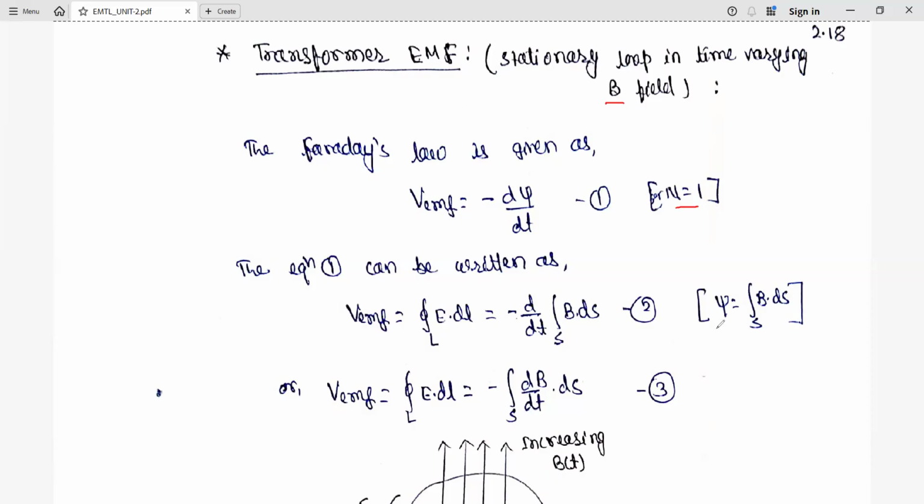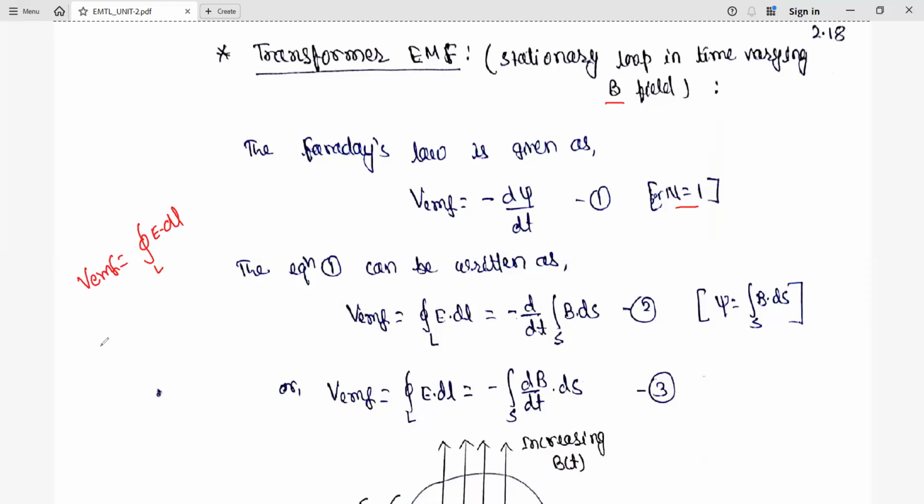And this one, we have already discussed the total flux, that is the surface integral of B dot ds. So finally, here we can write these values. We have the expression V_EMF equal to the integral over the closed path of E dot dl.